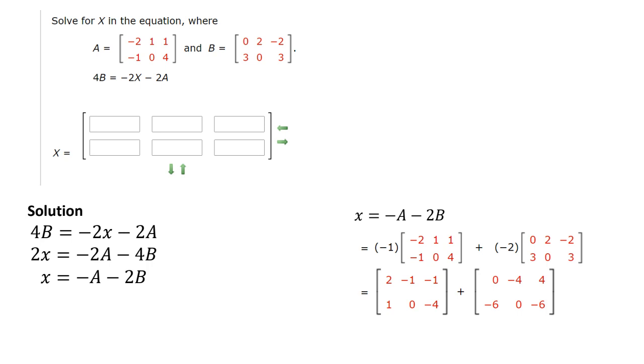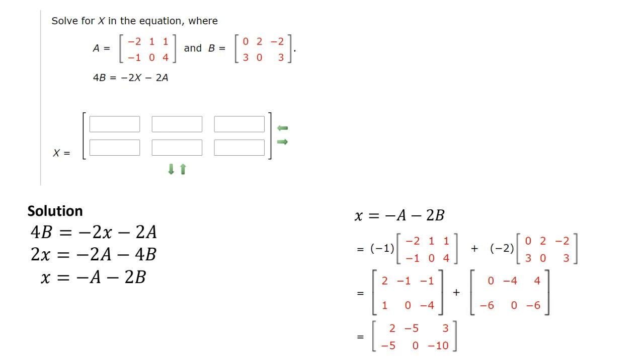And then I'm going to add matrix A with the new B, which will give me these values. 2, negative 5, 3, negative 5, 0, negative 10. Yes? Straightforward stuff, basic operations. Okay.